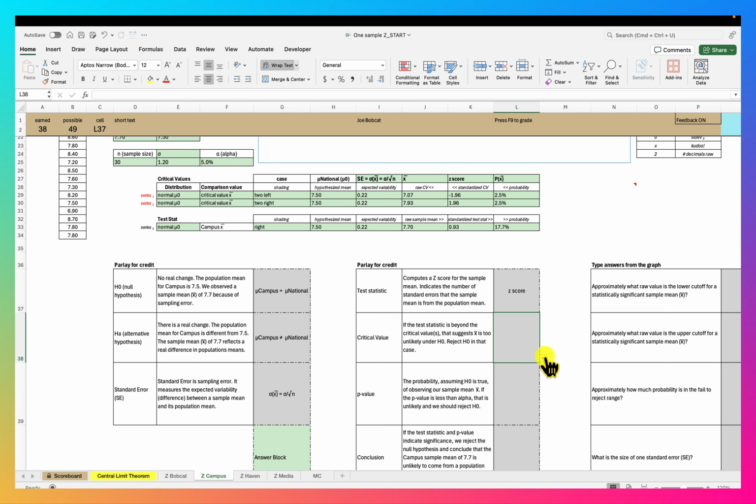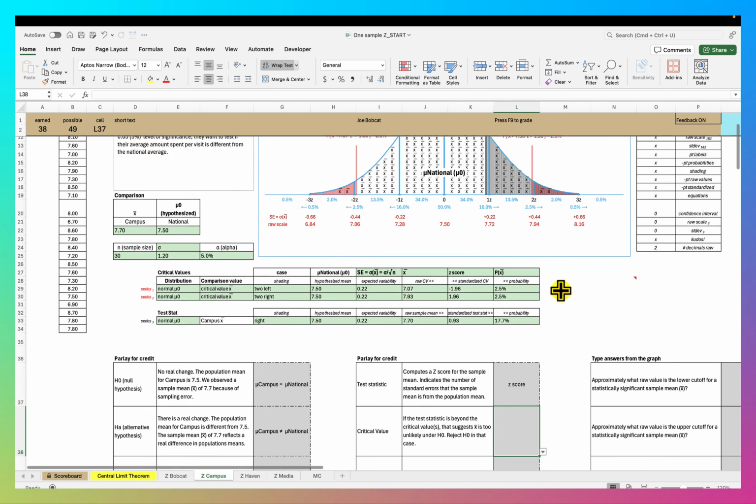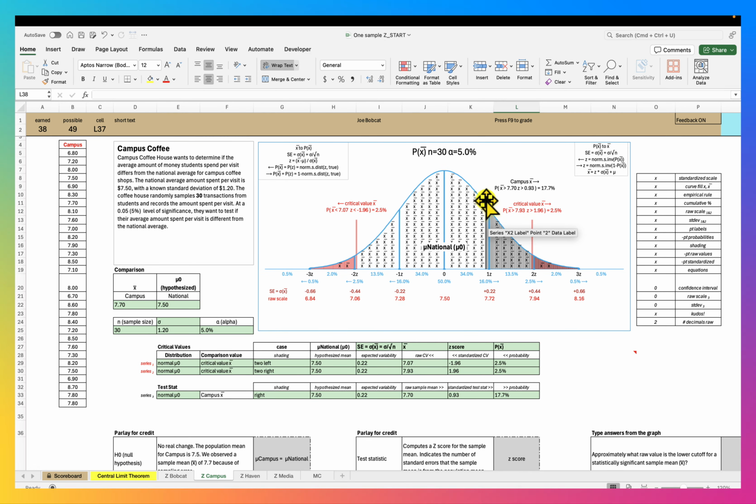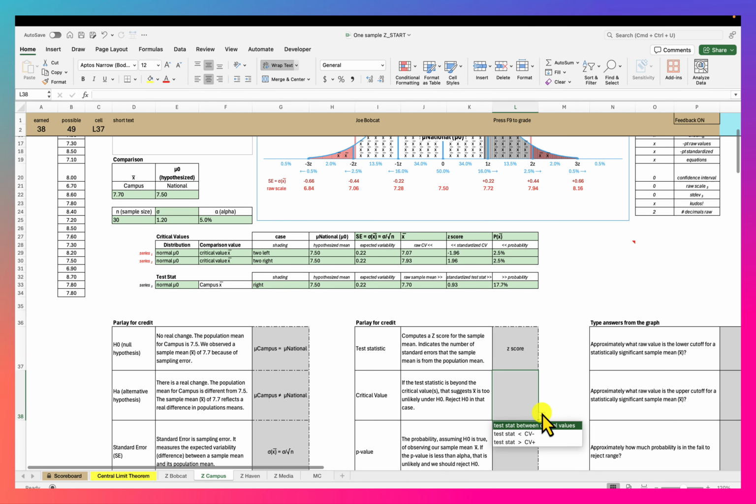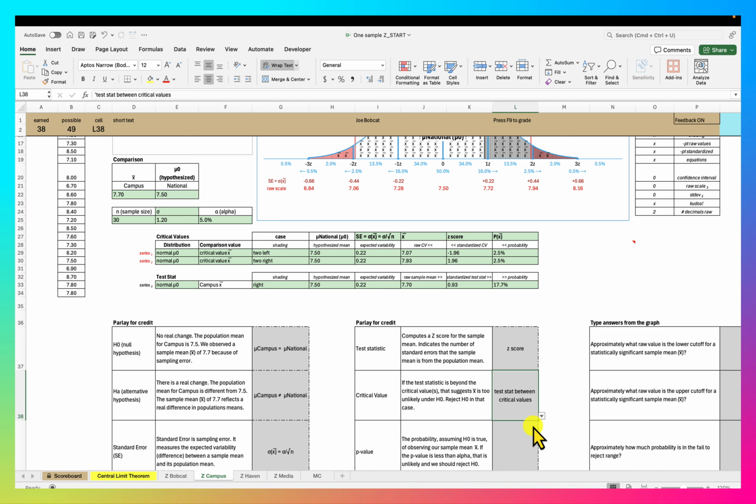And the critical value, right, what we're asking is, where is this test statistic in relation to the two critical values here? And it's actually between them. So we need to say that. It's between the critical values. And that means that it's not statistically significant.